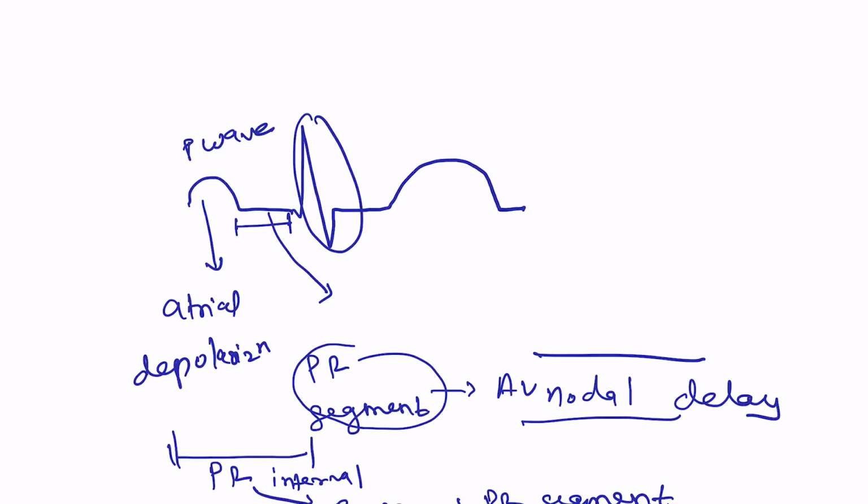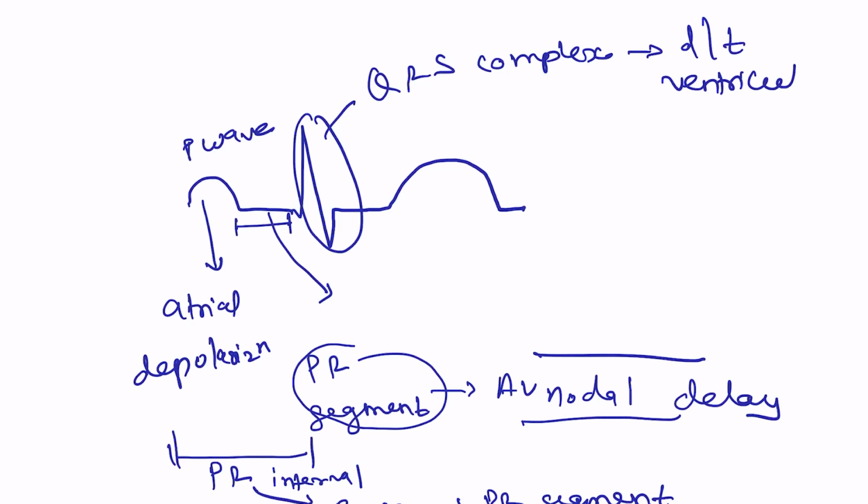This is the QRS complex, which is due to ventricular depolarization.